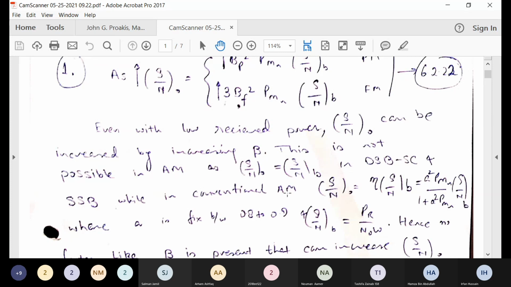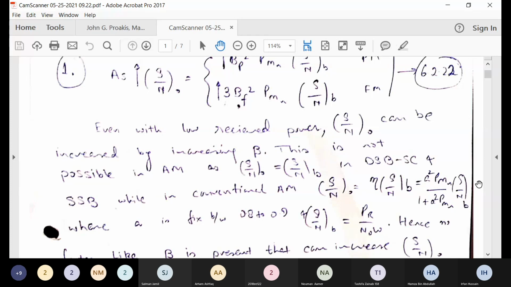Or in conventional AM, which is used for radio broadcast, or double sideband with carrier, the signal to noise ratio at the output is equal to this efficiency factor times the signal to noise ratio at the baseband level, where we know A is this value.